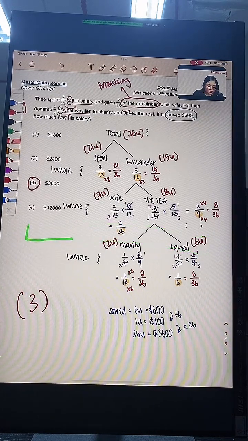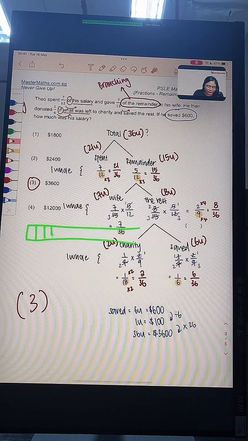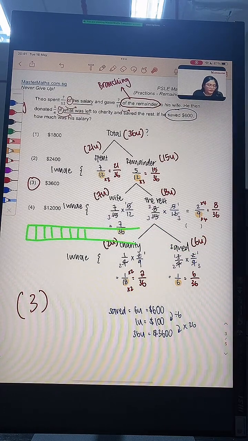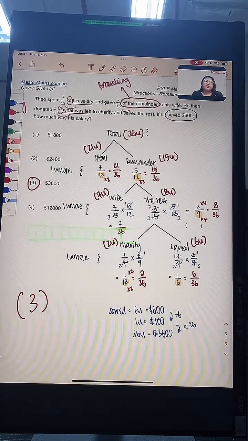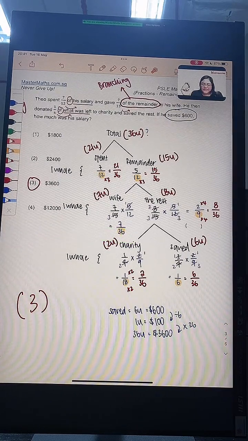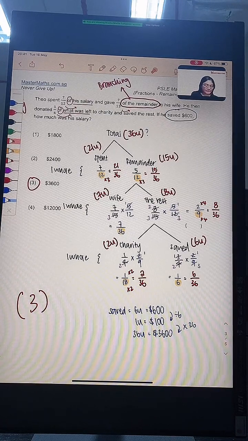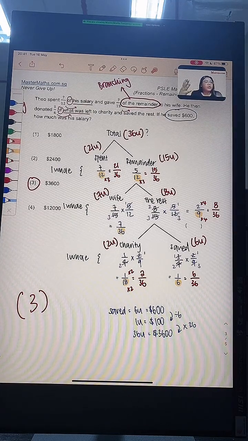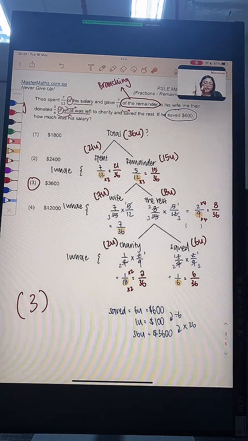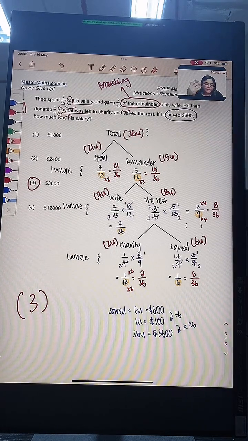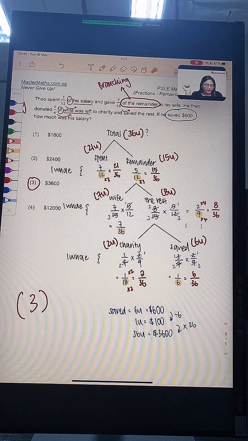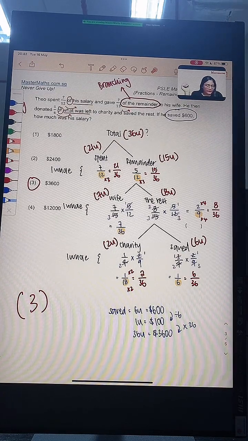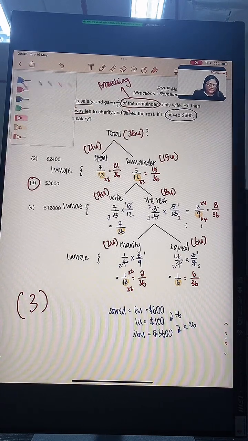Can you imagine your model will look super long and you have to make sure your counting is accurate. Are you able to draw all of them? If you think it's very long and tedious, you can use fractions this way. If you prefer drawing and you are very sure that you will not draw wrongly or count wrongly, then go ahead, model method is fine as well. Usually this question is in paper 2.